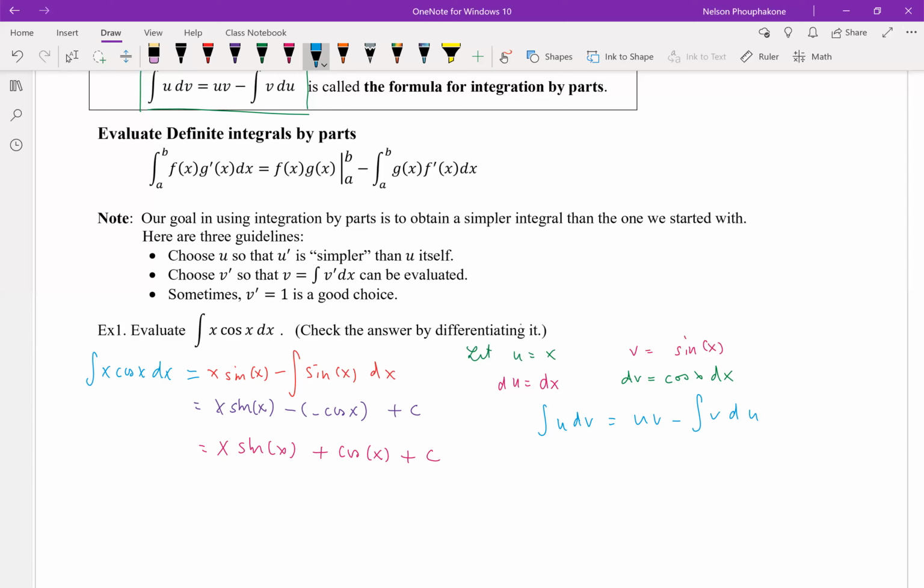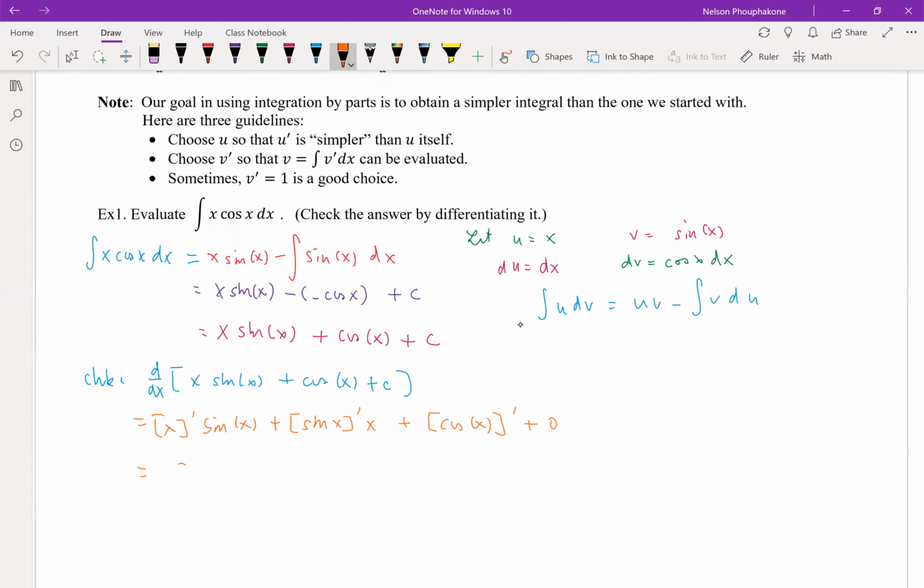We could actually take the derivative of x sine of x plus cosine of x plus c, and then see what this is equal to. Then it is equal to the derivative of x times sine of x plus the derivative of sine of x times x plus the derivative of cosine of x, and then plus 0, right?